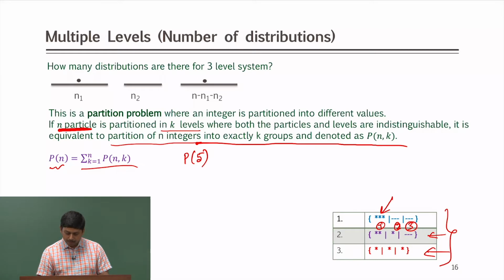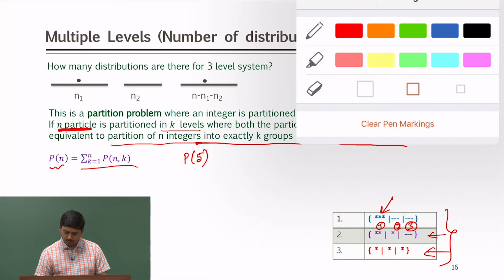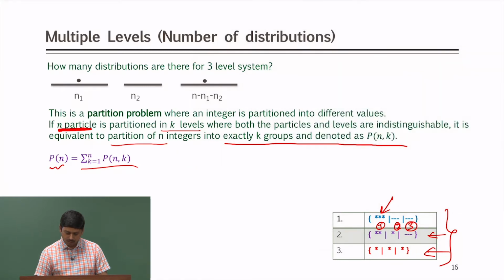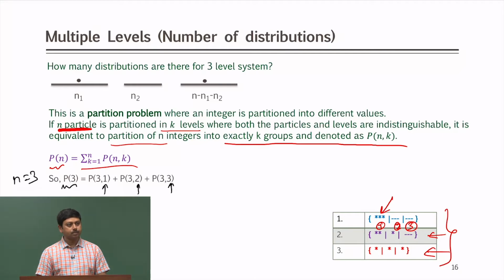Okay, I already have an example, so I will just go with that. Let us say I want to partition the number 3. So, n equal to 3 here, and k can be 1, 2 and 3.